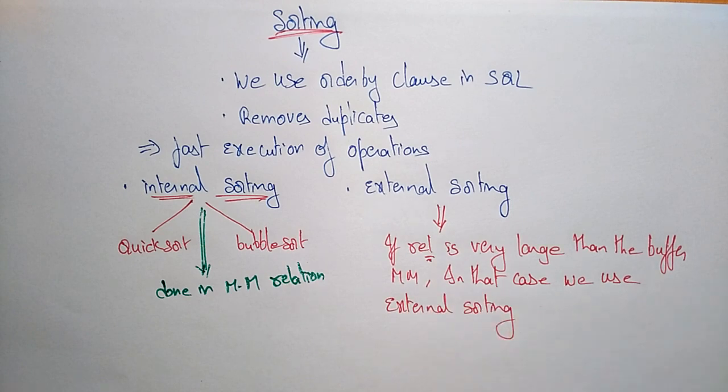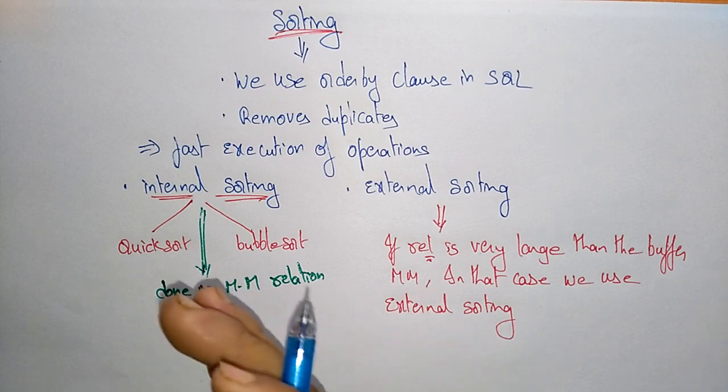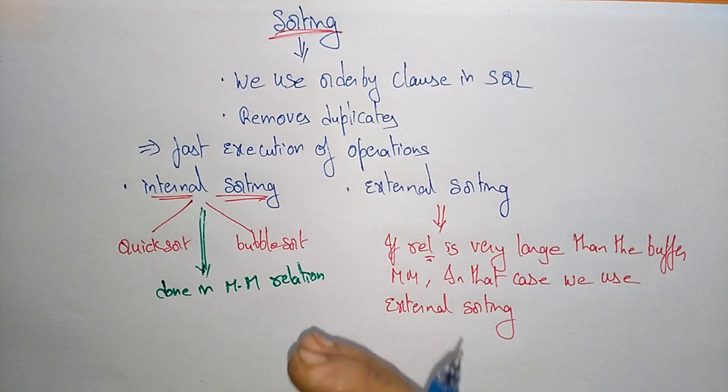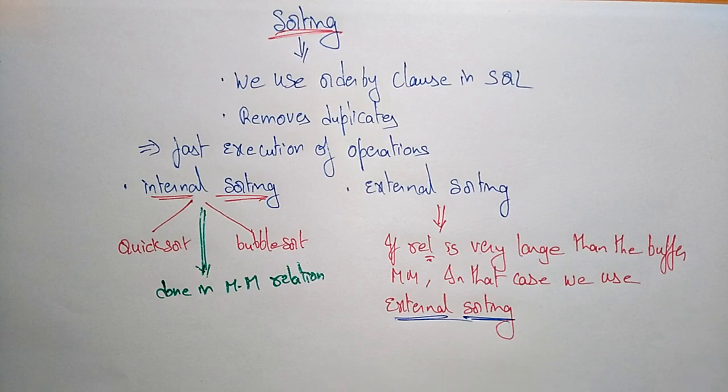To save the values on the disk or in main memory, between the operations and the main memory you have one buffer. If your file size is more than your buffer in the main memory, then you will go for external sorting.